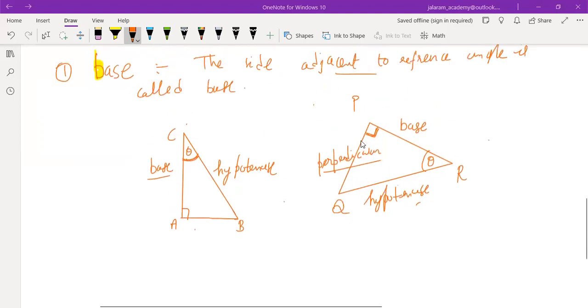So always remember the side opposite to 90 degrees is hypotenuse.